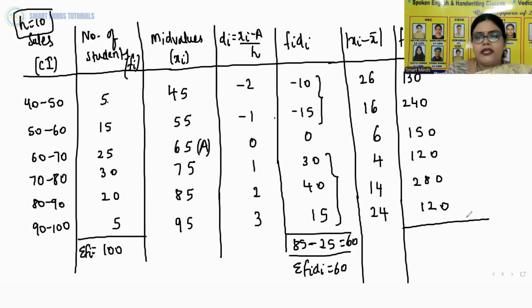So if I add these all, this is 10, 17, 24, then 3, 4, 5, 6, 7, 8, 9, 10. This is 1040. So you got sigma Fi mod xi minus x bar as 1040.